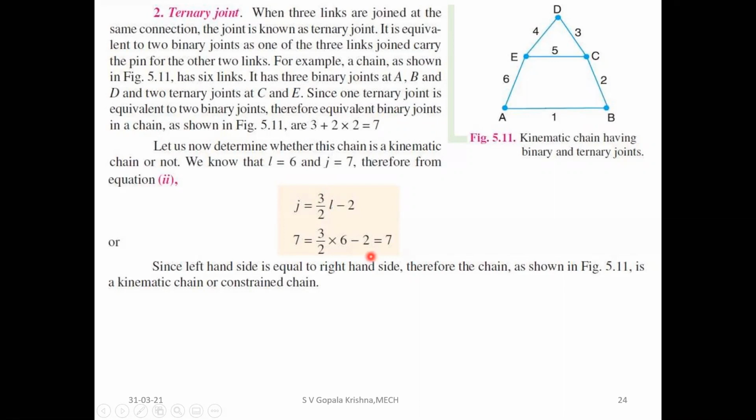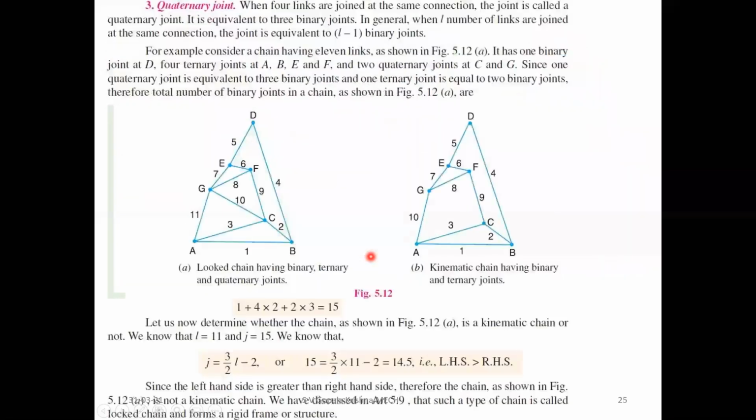Now going to the quaternary joint. A quaternary joint means when 4 links are joined at one place, at one connection. That joint is called a quaternary joint, and it is equivalent to 3 binary joints.